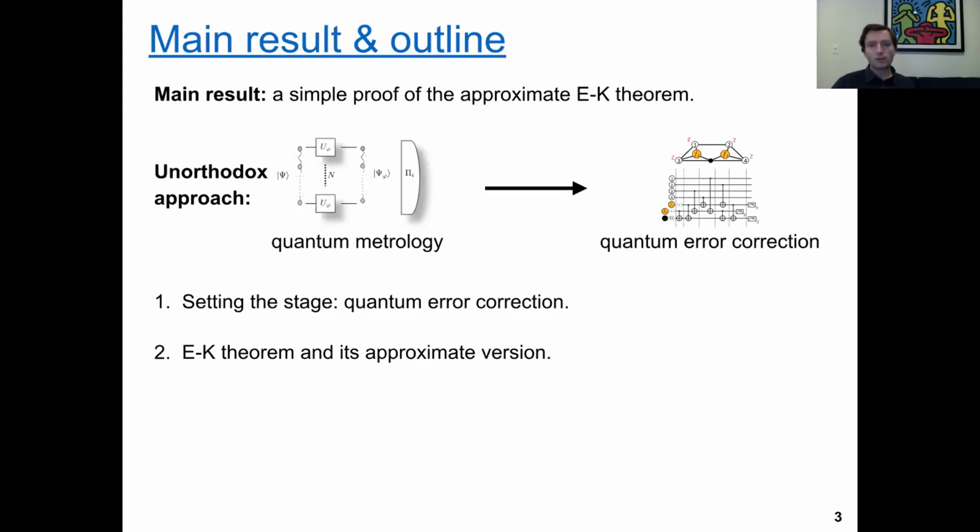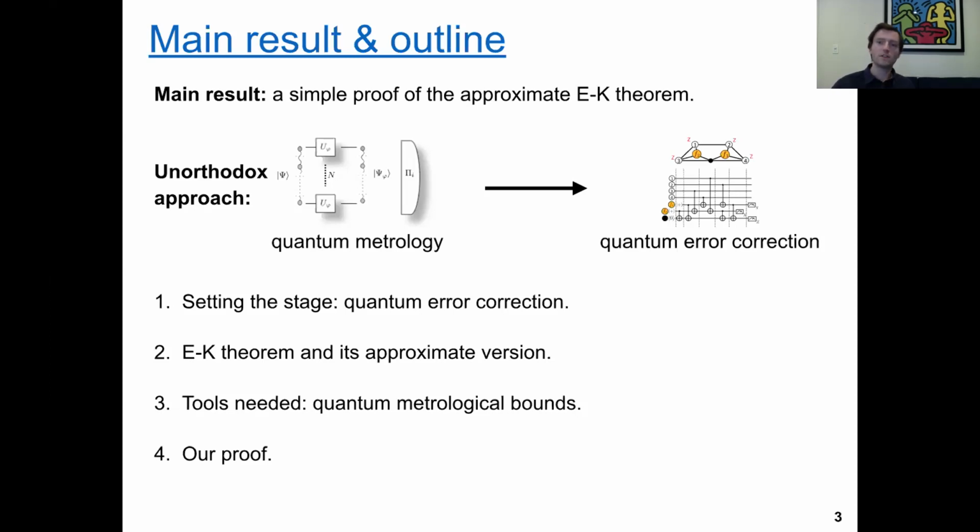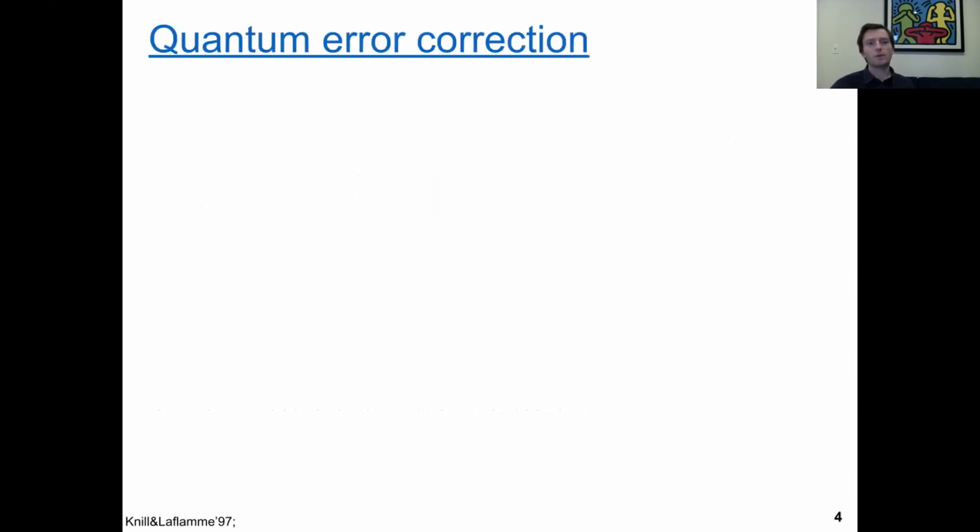And I would like to show you the proof, but first I will have to tell you a bit about quantum metrological bounds. I will view those bounds as a tool, and using this tool, I will be able to present a short proof of the approximate Eastin-Knill theorem. So let's get started with quantum error correction.